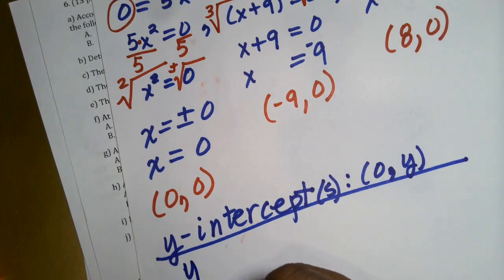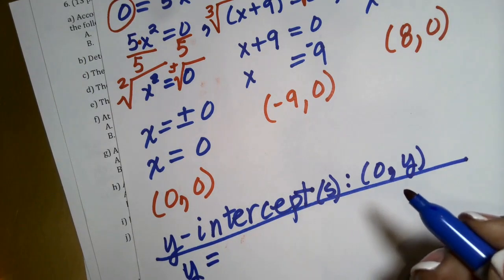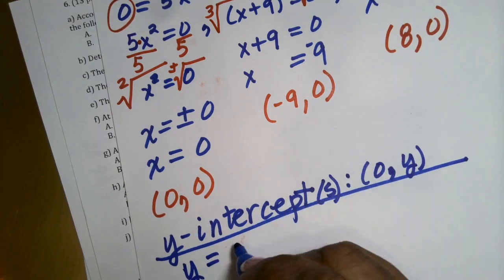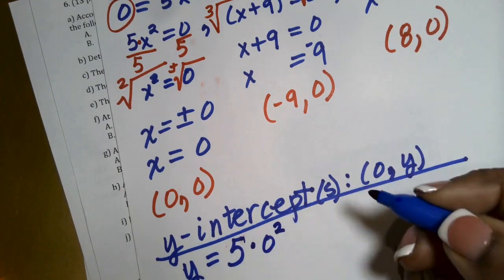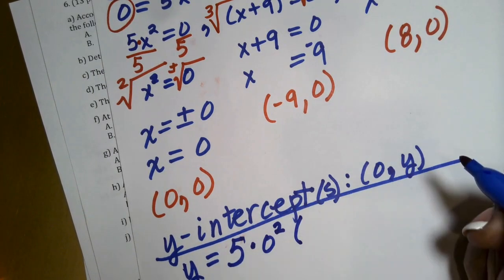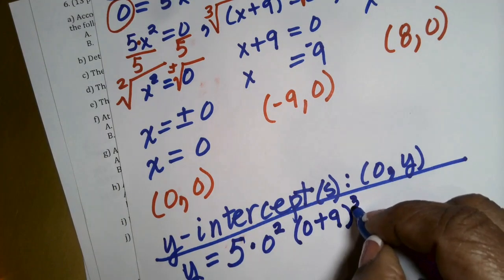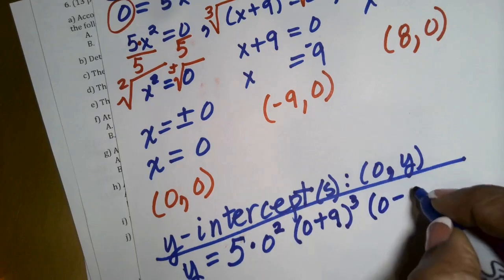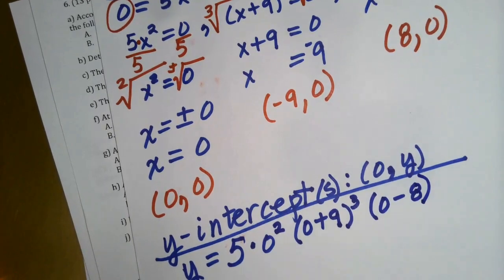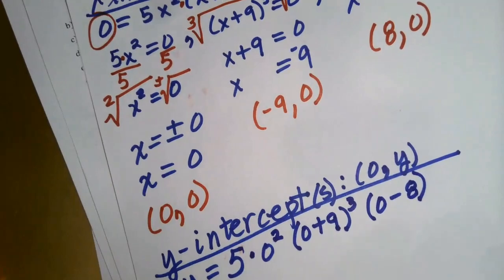So we're going to start out with y, and everywhere there's an x, we are going to substitute in 0. 5 times 0 squared, open 0 plus 9, quantity cubed, 0 minus 8. And so we get to clean this up and solve for y.